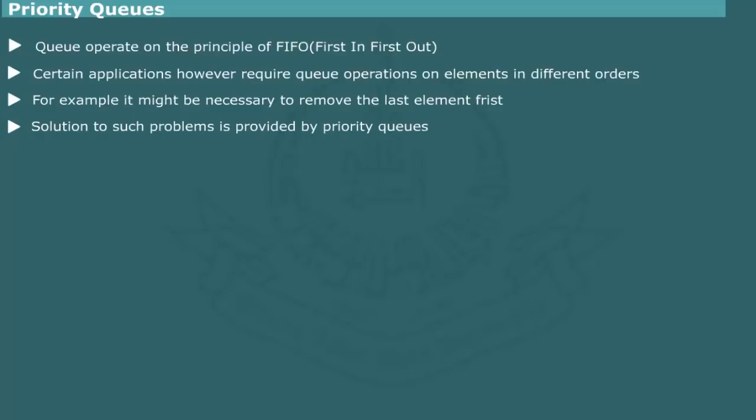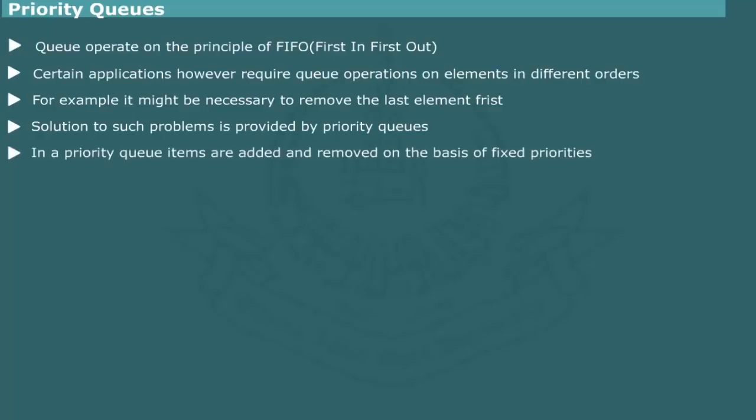A priority queue, like an ordinary regular queue, is a collection of homogeneous data items in which items are added at one end and removed from the other end, but on the basis of priority. Thus, each item of a queue contains a data field and a priority field.